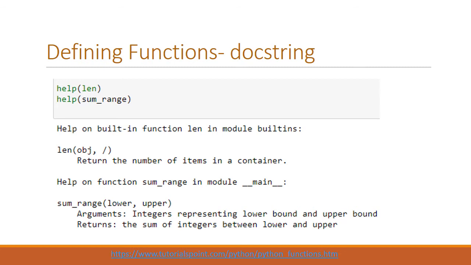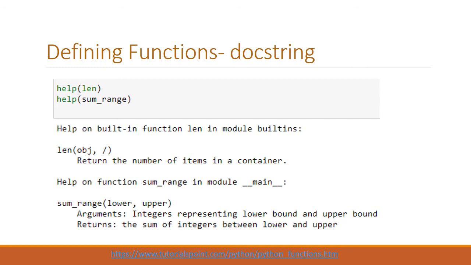If you look at the output, the first few lines give us the information about the len function. It says that it's help on the built-in function len, and it's part of the built-in module. It tells us that len has a parameter of an object, and it returns the number of items in the container. Next, we get help information on our function sum range.